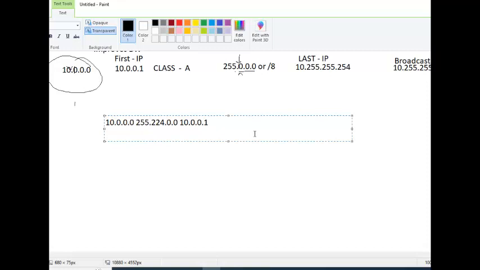The broadcast IP will be 10.31.255.255, and the last address will be 10.31.255.254.